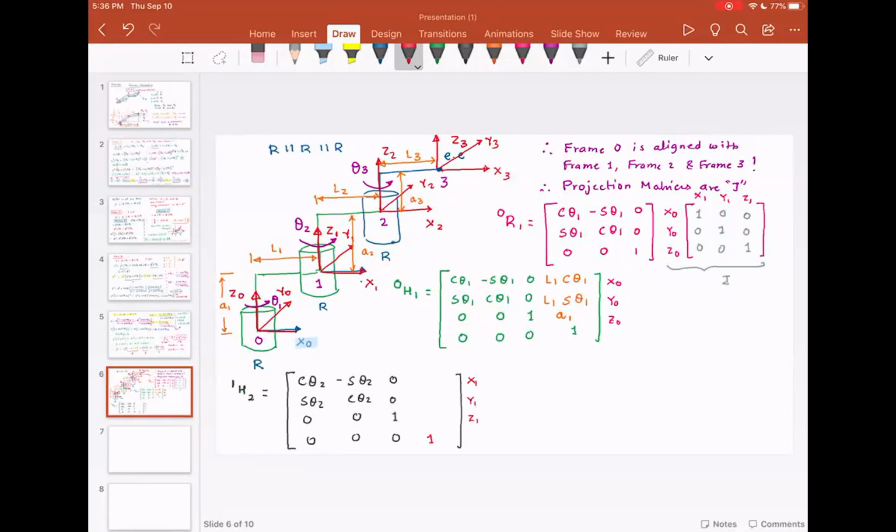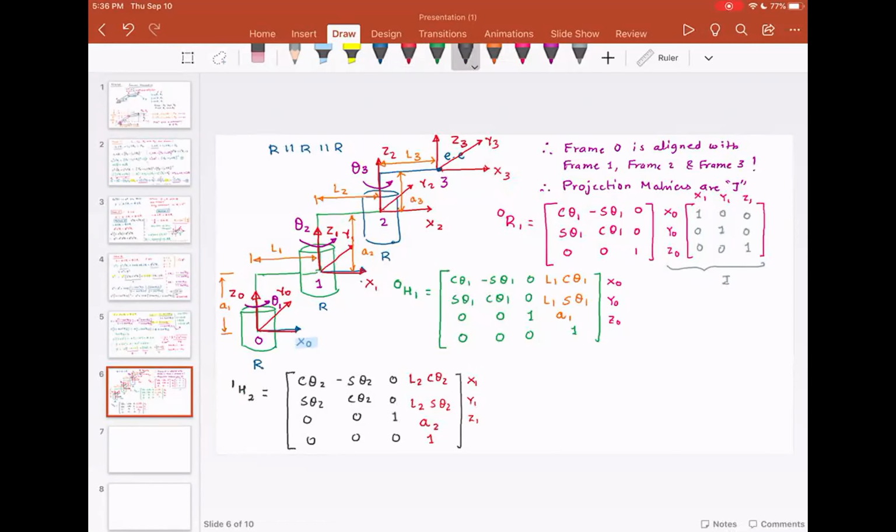So the distance along x1 is going to be L2 cosine theta 2, L2 sine theta 2, and I have A2. Are you with me so far? And this homogeneous transformation matrix, strangely enough, looks similar to the matrix 0h1, except theta 1 is replaced by theta 2, L1 is replaced by L2, and A1 is replaced by A2.